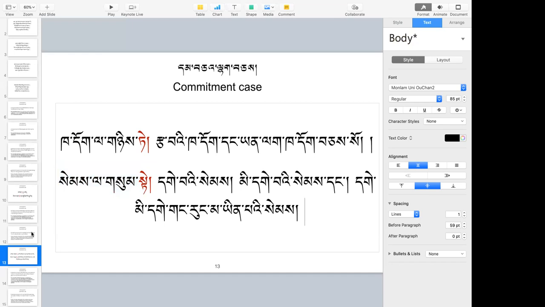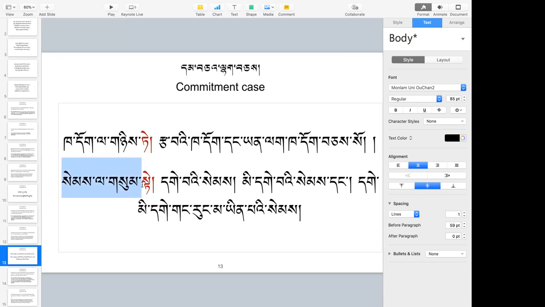This is the commitment case in which the commitment is to provide classification. So three compulsory components: the first component that commits to providing the classification; the particle that conjoins, or acts as a conjunction between these two parts of the statement; and finally, the second part of the statement, which is the committed classification.